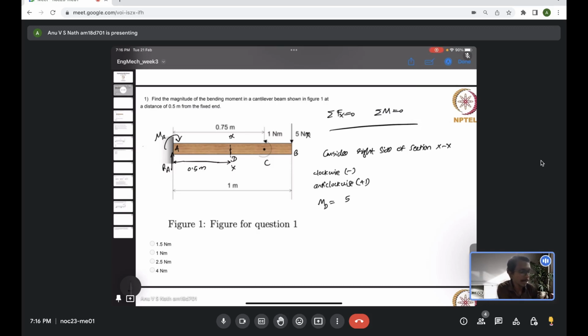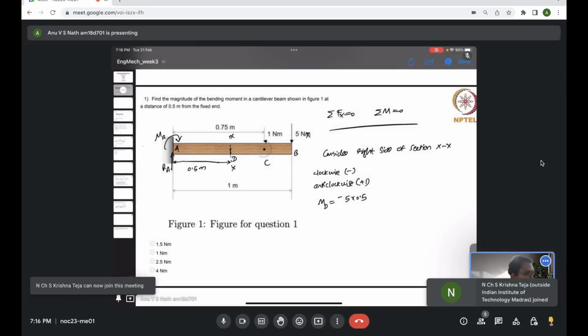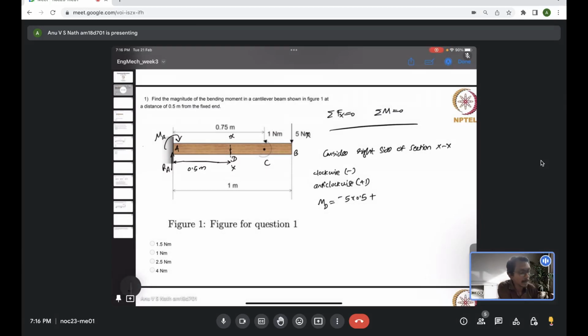So from D to B you will have 0.5 meter, and this is causing a clockwise moment, so I am taking this negative sign. Then we are going to add another moment on the right hand side, which is at the location C, which is 1 Newton meter. So just 1. No other moments and no other forces on the right hand side.